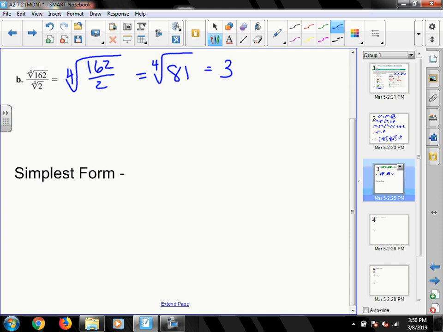The last thing I want to talk about before we move on from this slide is simplest form. What that means is we're going to remove any perfect roots.